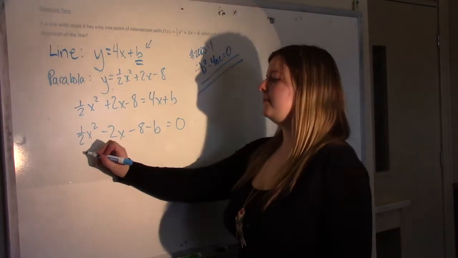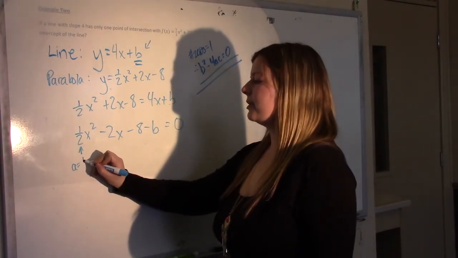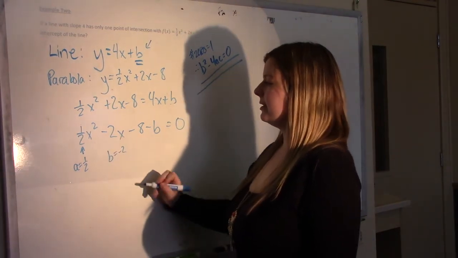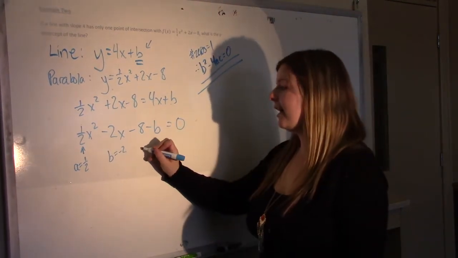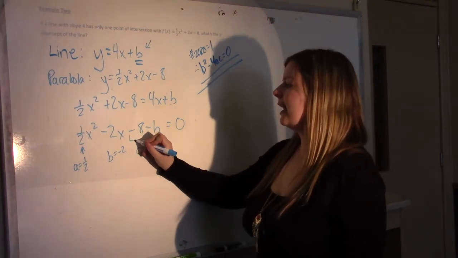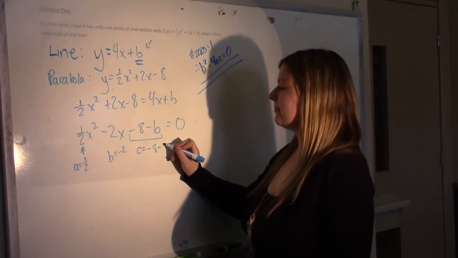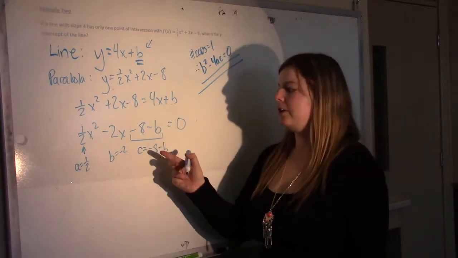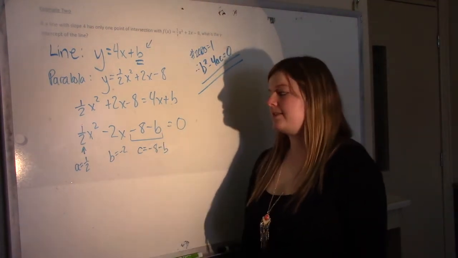So this means that our a value is equal to a half, our b value is equal to minus 2, but our c value, here's where it gets a little bit confusing, is equal to minus 8 minus b, because that minus b is part of the constant here. We just don't know what it is. That's what we're trying to solve for.